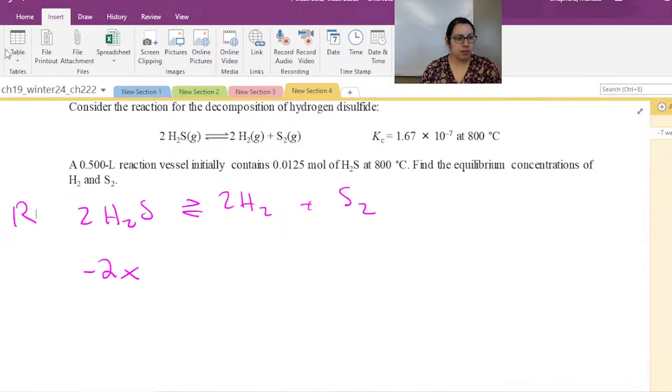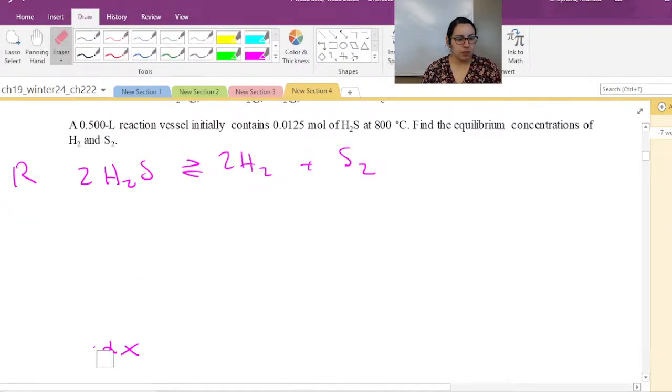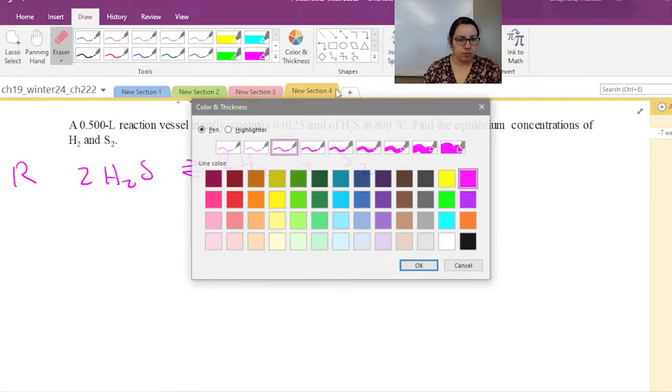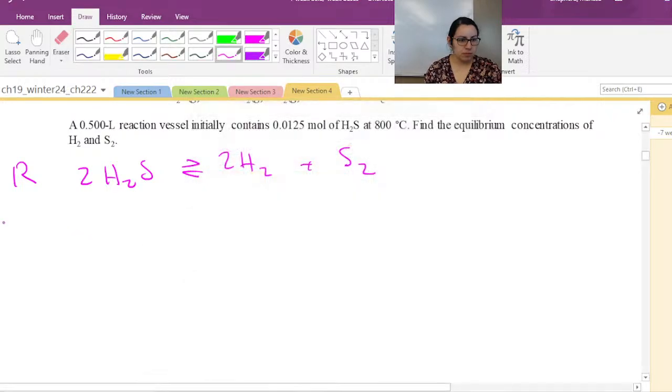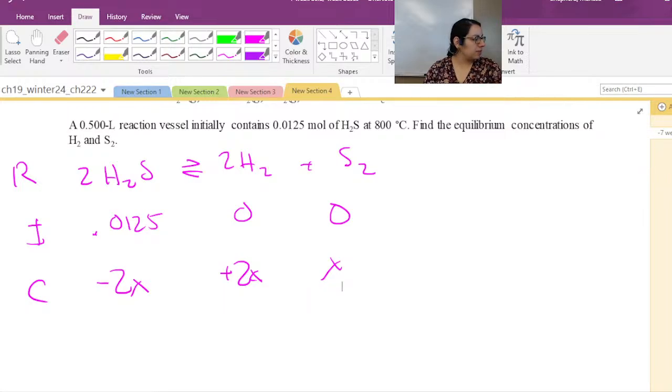There's our reaction. And then our initial conditions. So 0, 0. Like we said, the change, so minus 2x, plus 2x and x there.